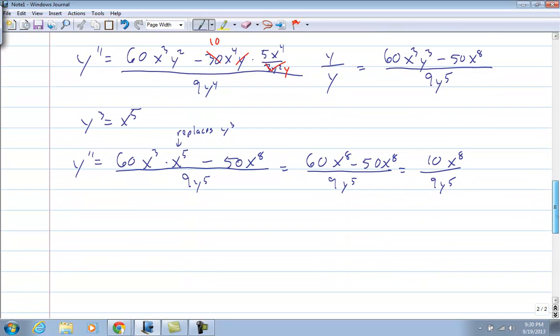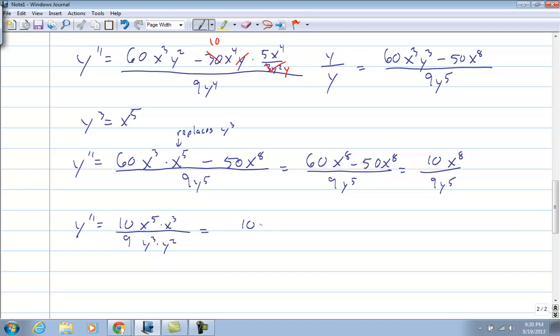And there's an answer right there, and I like that answer, but we could probably work this a little bit more like we just did, some substitution to bring these powers down. So 10x to the, now what I said, x to the fifth is equal to y cubed. So what if we treated this as x to the fifth times x to the third over 9, and y cubed is x to the fifth, so break this y to the fifth down to y cubed times y squared.